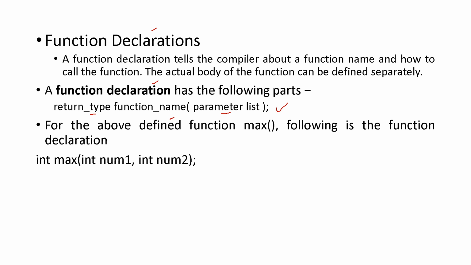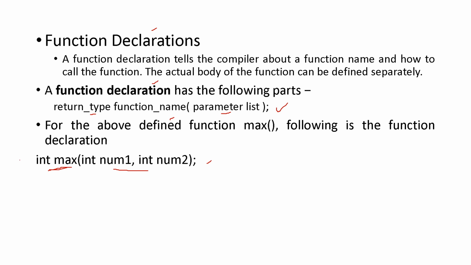When the compiler sees that declaration, here is a function: int max, int num1, int num2, and then semicolon. This is the function declaration. So these parameters are known as the actual parameters. And this will be written in the main section of the program.